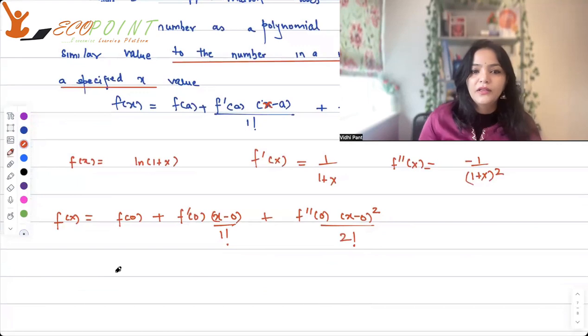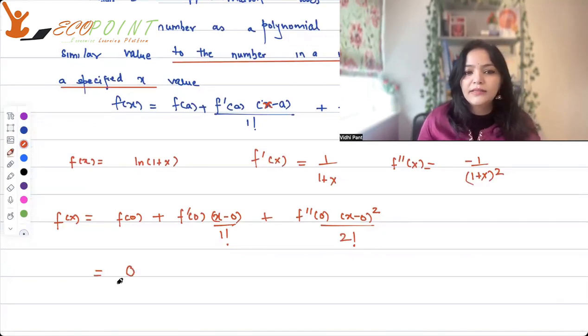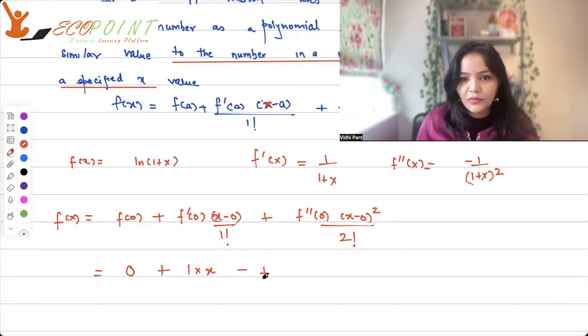Okay. So therefore, what do I get? Now, log of 1 is 0. So f(0) is 0, plus f'(0) is 1 into x, minus 1 upon 2. f''(0) is minus 1.